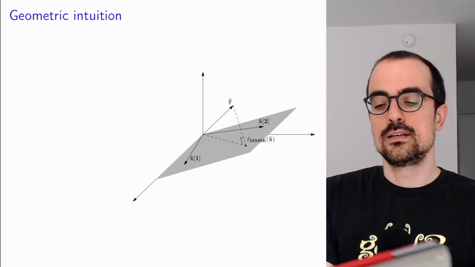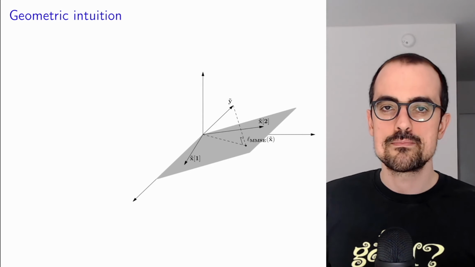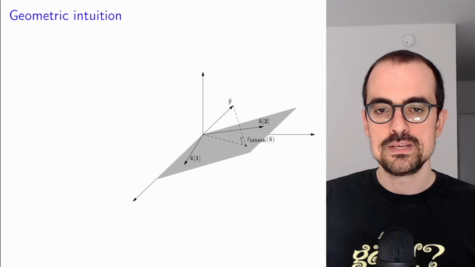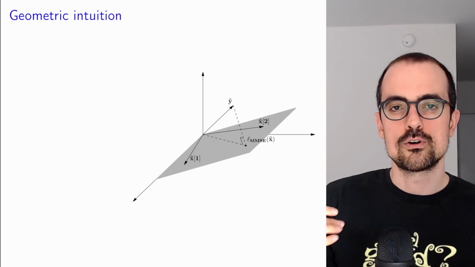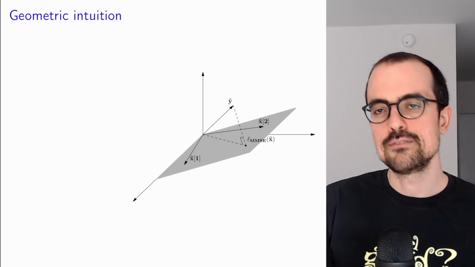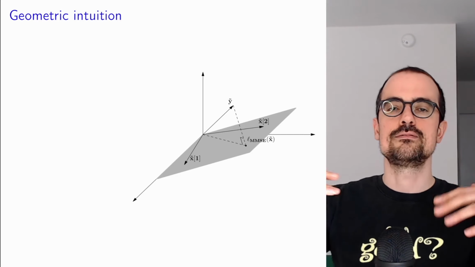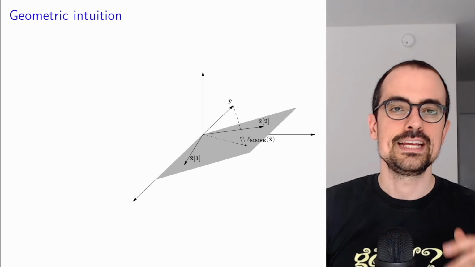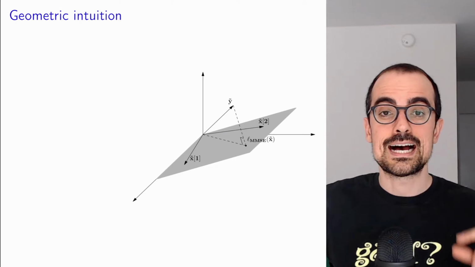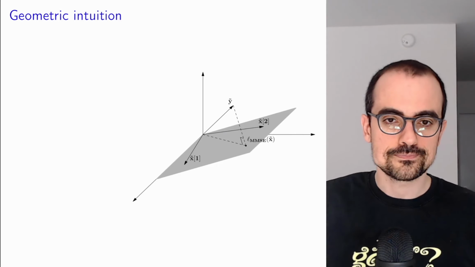In order to do that, let's gain some geometric intuition. If you remember in the video on linear minimum mean squared error estimation, we provided a geometric perspective where, if you have centered random variables so that they have zero mean, you can interpret them as vectors within a vector space. In that vector space, the inner product between vectors is the covariance, and the squared distance is exactly equal to the mean squared error.